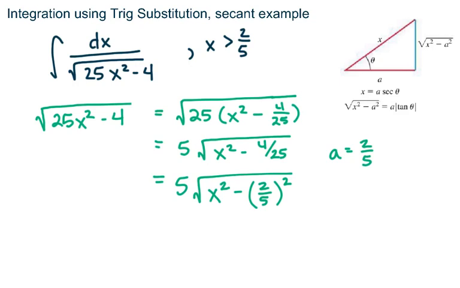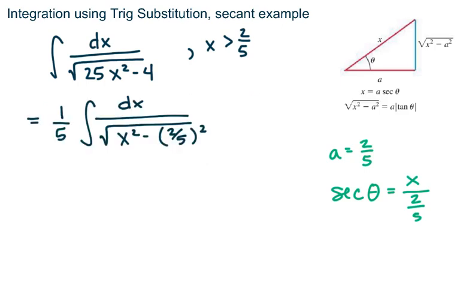If I am to write that out, we would say secant of theta equals x over a, x over 2/5. So let's go about determining our substitution. I'm going to erase some of this here. So I've rewritten my integral, and given that secant equals x over 2/5, I can multiply by that 2/5 and say x equals 2/5 times secant theta.